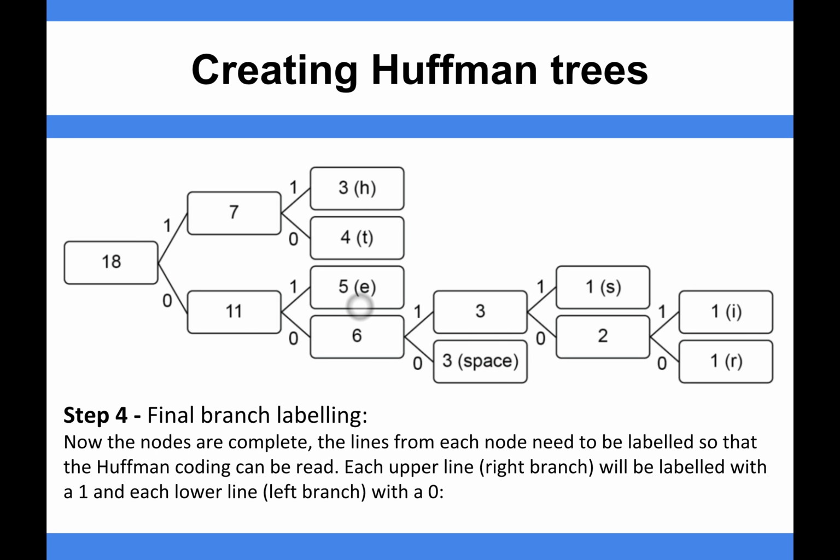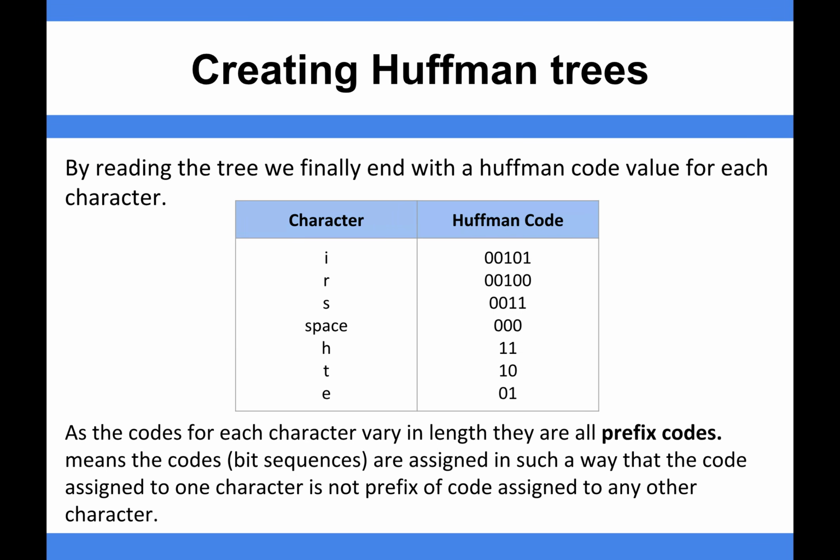So 2 bits of data will get me to the letter E. To get to letter H, I need 1, 1. To get to T is 1, 0. To get to R, it's 0, 0, 1, 0, 0. So can you see the letters that are used the least have the longest encoding numbers.